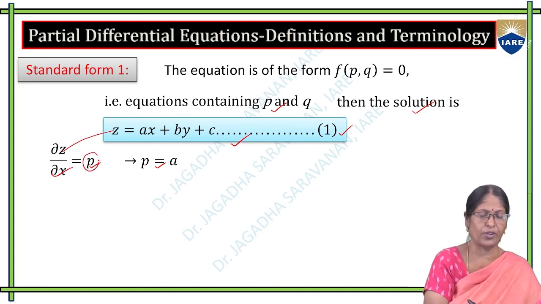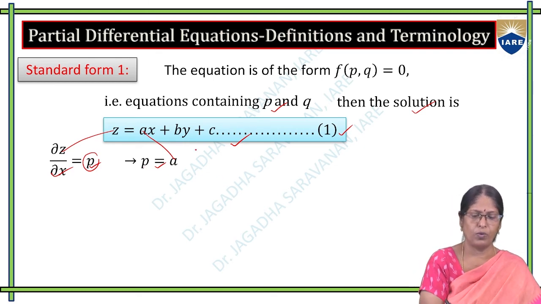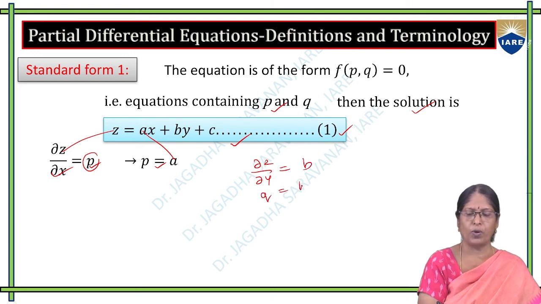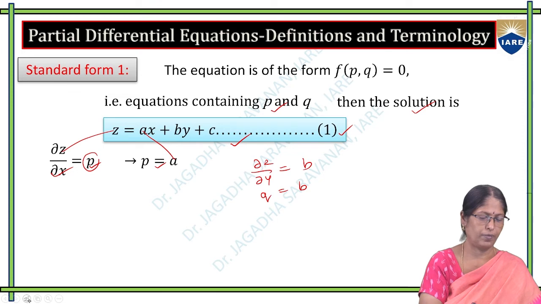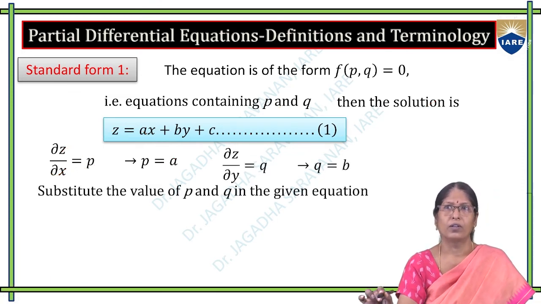This is the notation p. On the right side, that is a, which is equal to p. Same now, del z by del y. Here the answer is b. It's nothing but q equal to b.